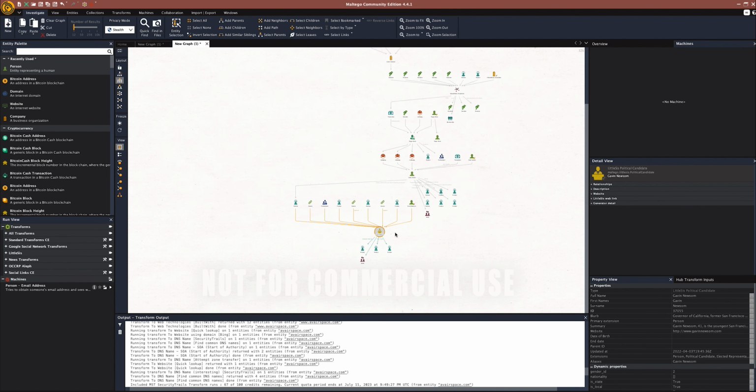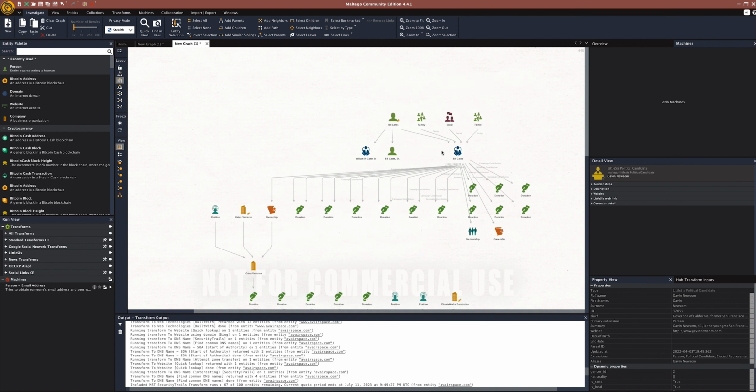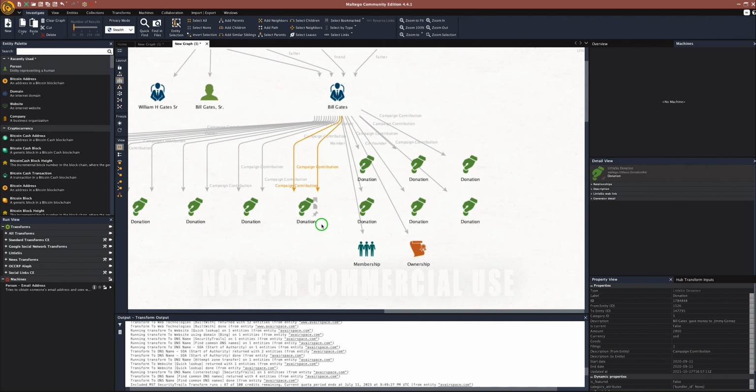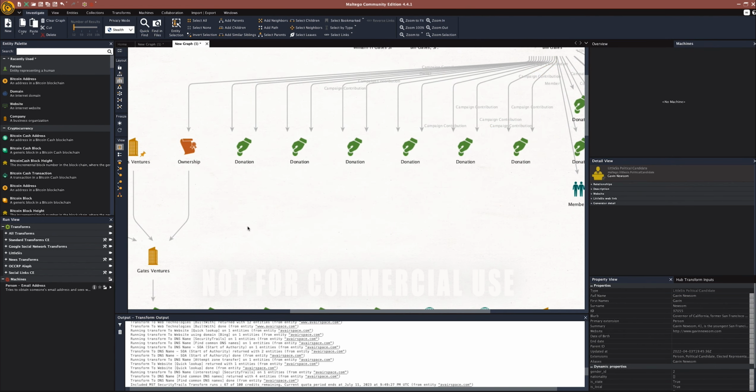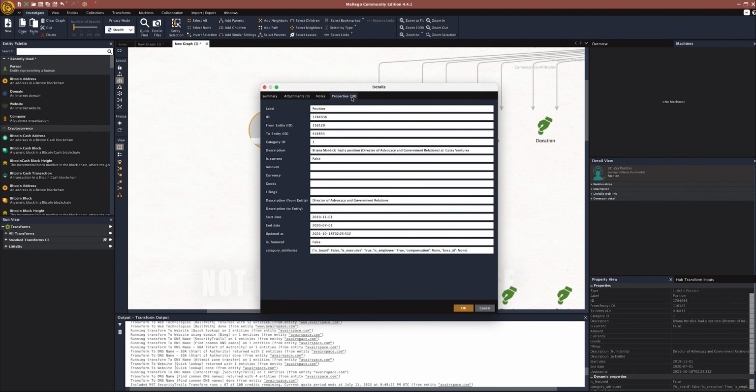Let's zoom out. Let's just take a breath. Okay, we started at the top looking at Mr. Gates. We verified it's Bill Gates of Microsoft. And there's a company called Gates Ventures. Gates Ventures, who's this over here? Okay. This is a person that should be looked into as well.